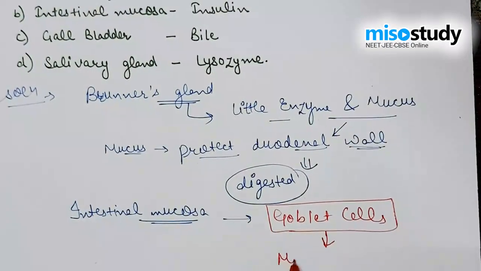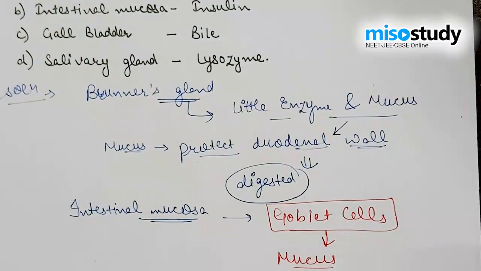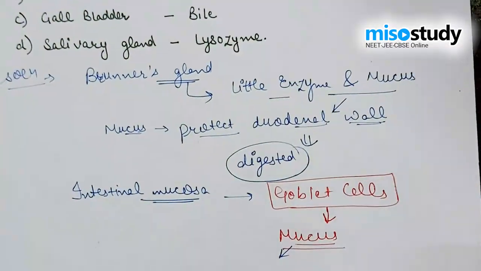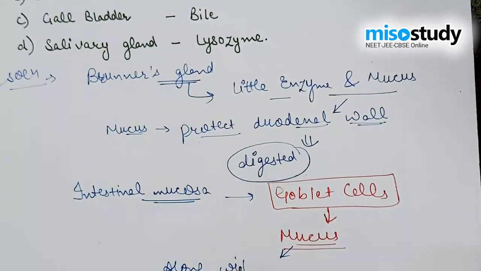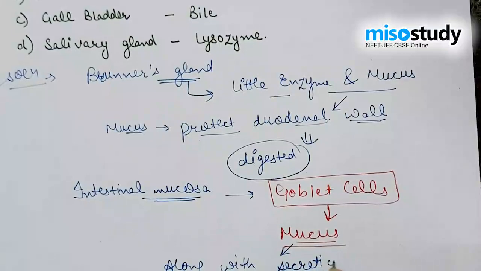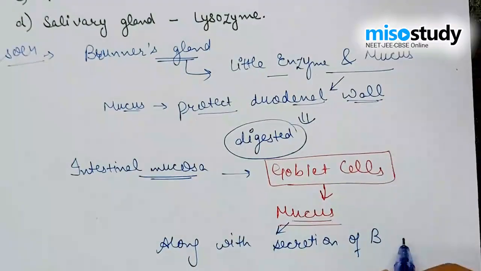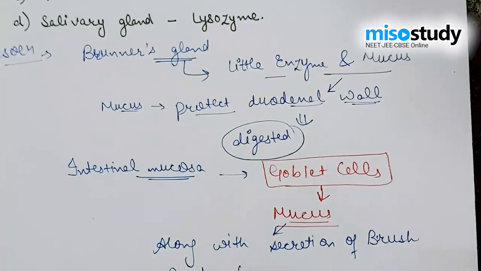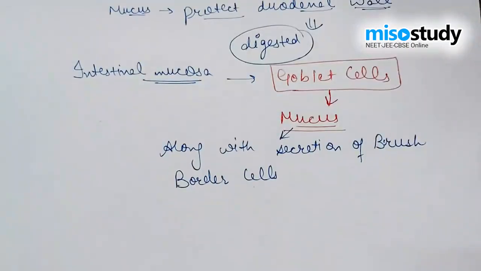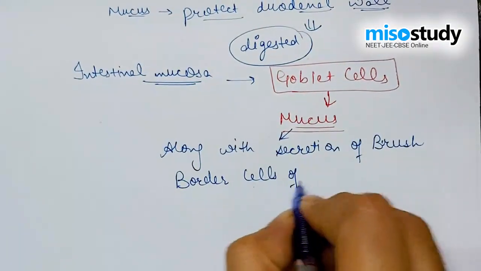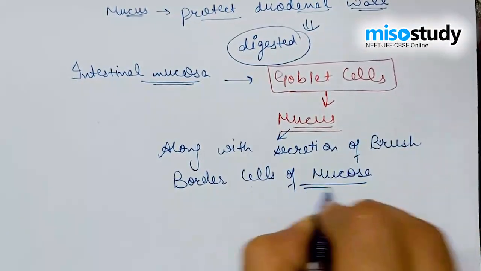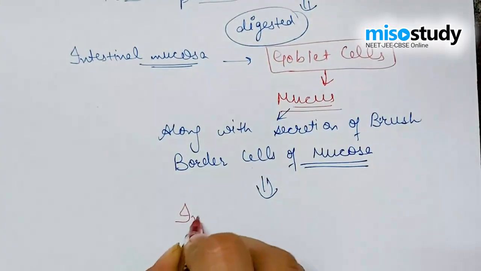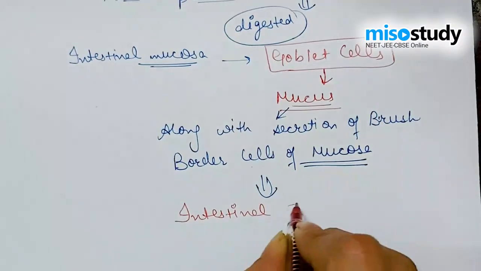They generally secrete the mucus, along with the secretion of brush border cells of the mucosa, which generally constitute the intestinal juice.